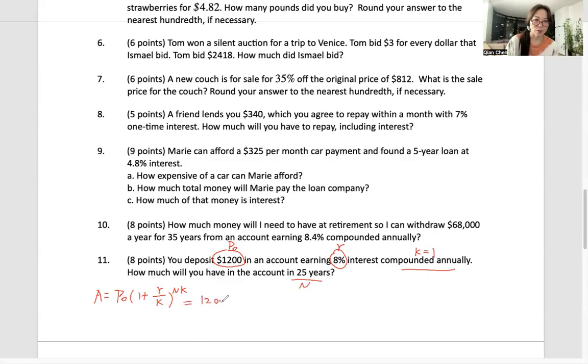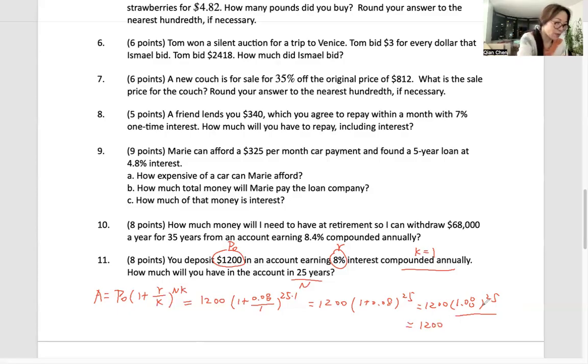So P naught is 1,200 multiplied by 1 plus R divided by K. R is 8%, 0.08, divided by K, K is 1, raised to N, 25 times K, K is 1. Simplify a little: that's 1,200 times 1.08 raised to 25. We have to calculate the exponent first, because it carries the exponent.